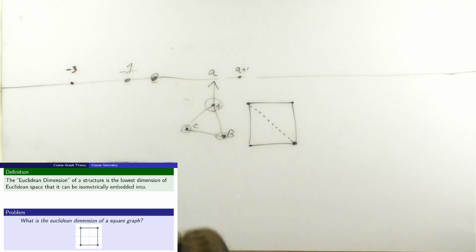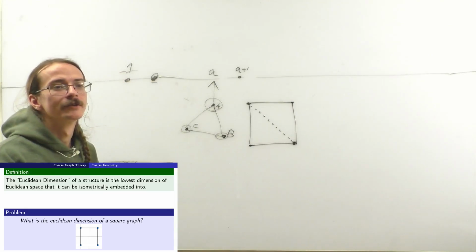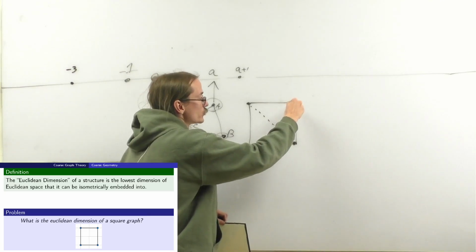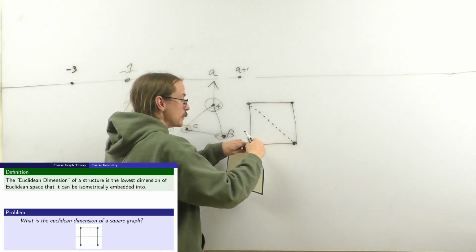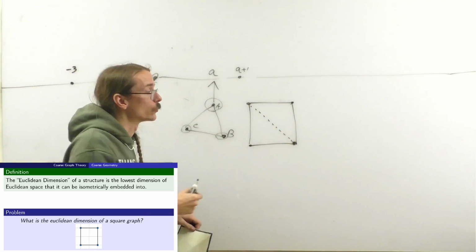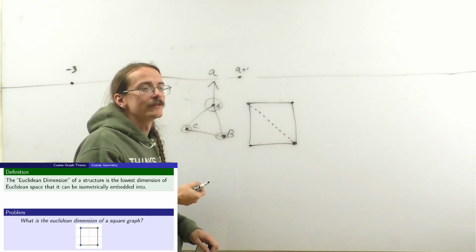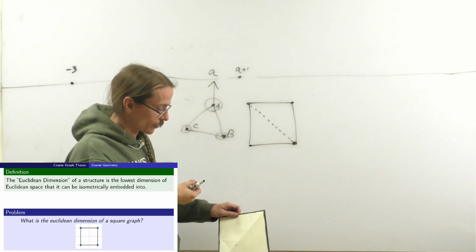Lift a corner up. What's the problem with lifting a corner up? We make it longer. You'd be shortening some other paths. Yeah, if I started dragging these corners in to try and fix that distance, I'd be making this one bigger, or I'd be making these ones smaller. Lift a corner up in the other sense of lifting a corner up.